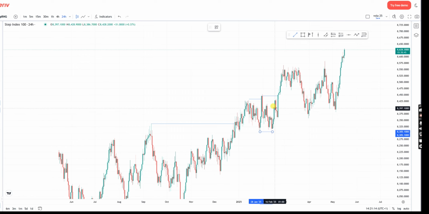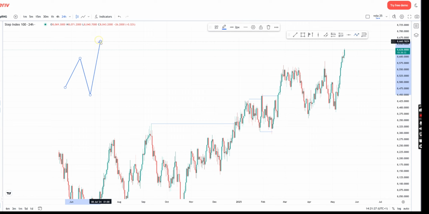What I forgot to show you an example of is where markets will also create internal structural liquidity, something like a pull up, then down, stripping that low. Before it created this higher high, it created an internal structural liquidity.